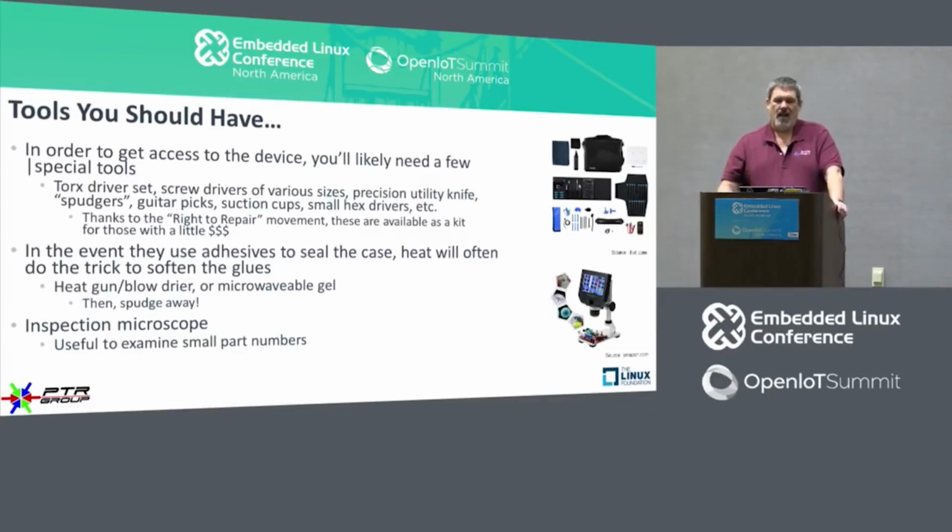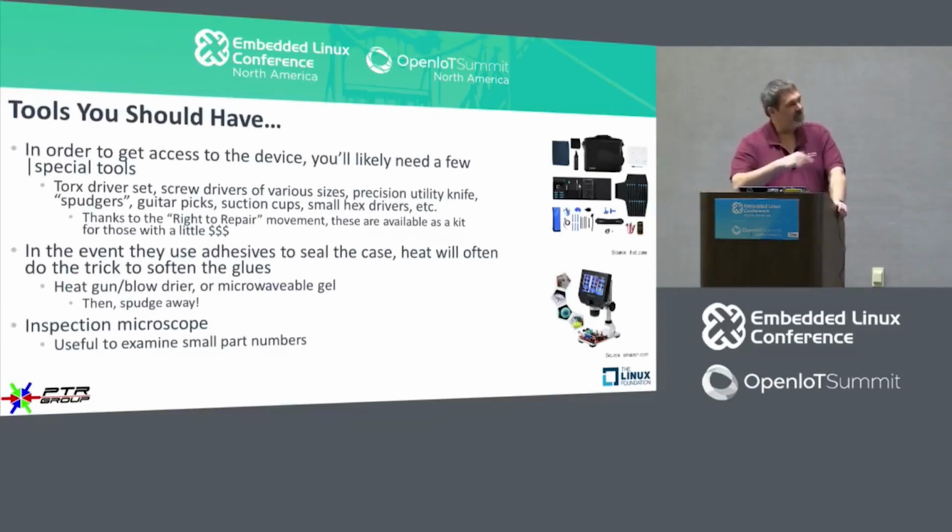Another thing that's really handy, and you don't really realize this until you get into the business, is an inspection microscope. You really need to be able to read those teeny tiny little letters on certain parts. Even with my bad eyes, with 3 or 4x magnification, I still can't read them.